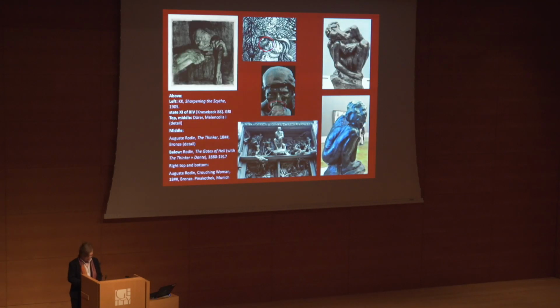And a small detail tells us that Käthe Kollwitz deliberately wanted to allude to this engraving by Dürer in the case of her woman with the scythe, and thus at the same time wanted to transfer its spiritual content to the peasant woman.